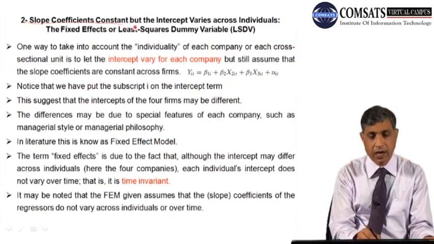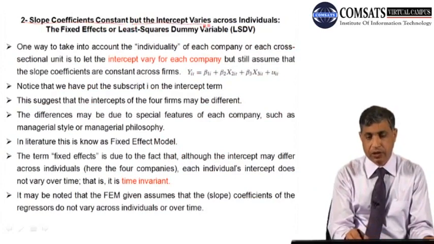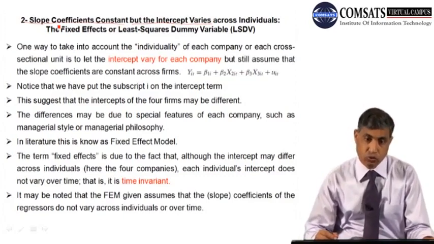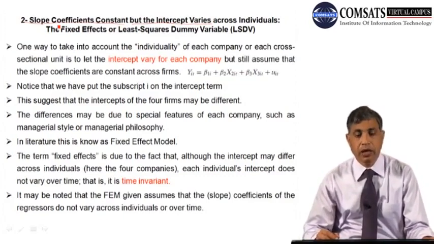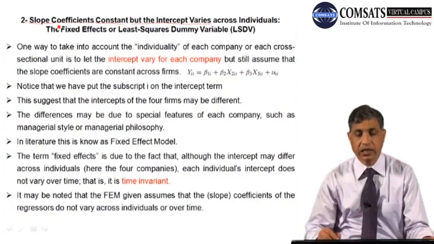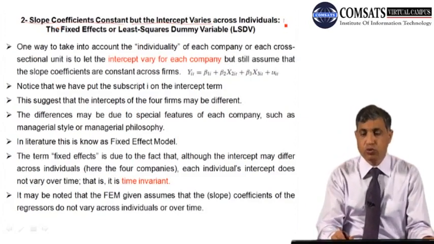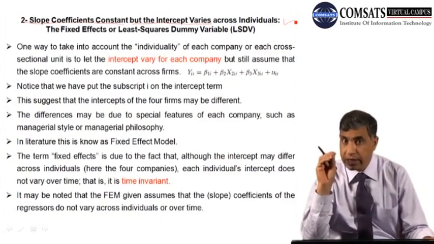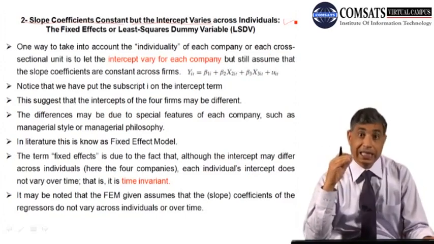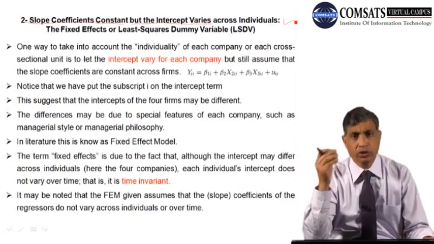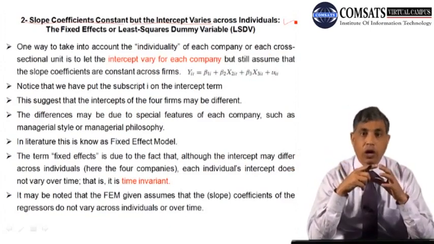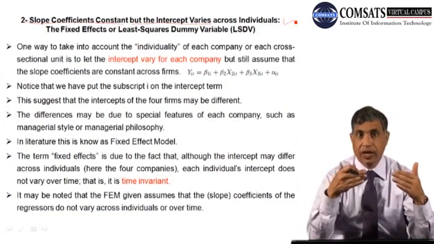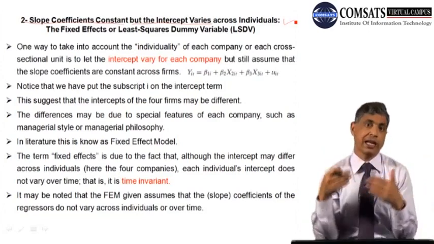What you are saying is that the slope coefficient constant, beta 2 आपका constant रहेगा, but the slope coefficients attached with x2 and x3 are constant, while the intercept varies across individuals. So you are giving some flexibility that your intercept, that is beta 1, can change across units. You are saying that you are going to allow variation across the firms, General Motors, General Electric.